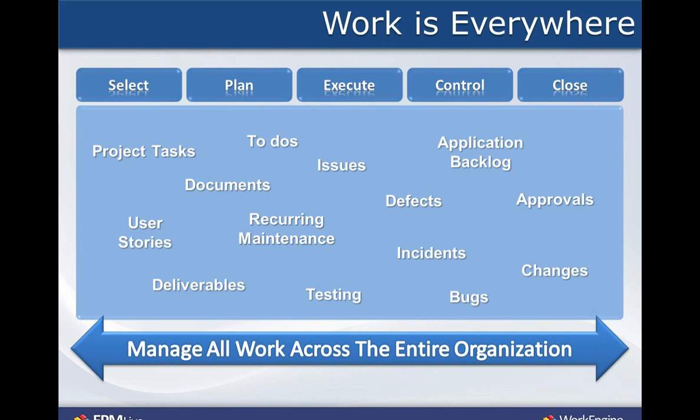And even if folks are doing things like more iterative methodologies like Agile, Scrum, for application management or product development, those backlog items, defects and features and user stories all need to be assigned to folks eventually and actually executed to successful completion.